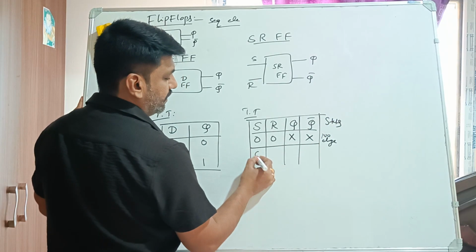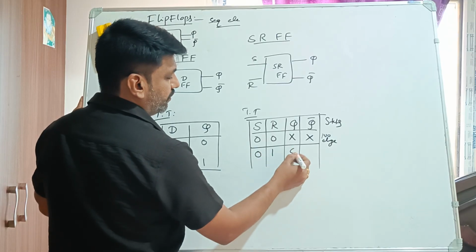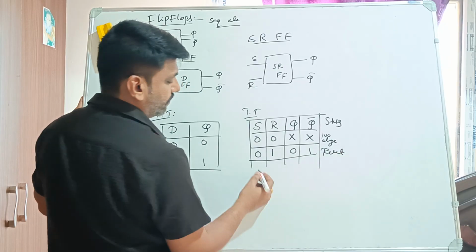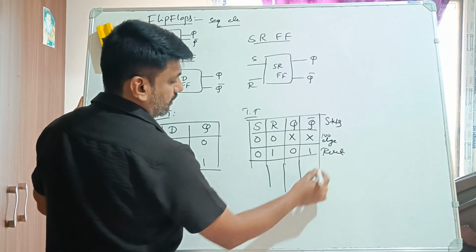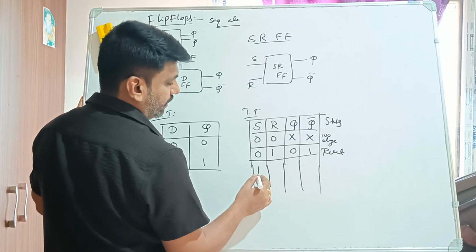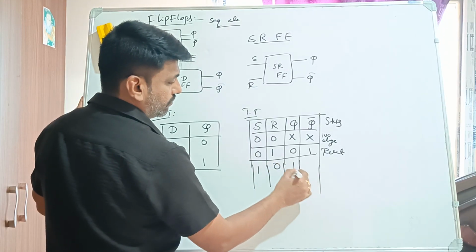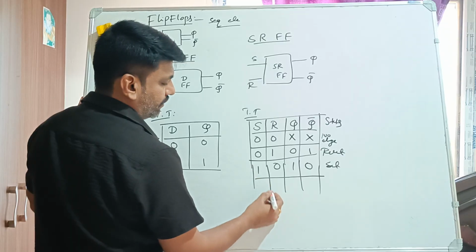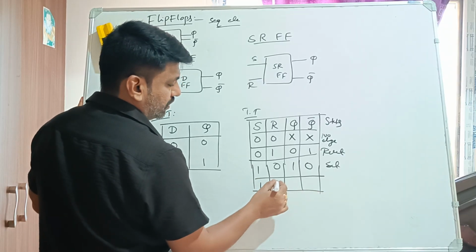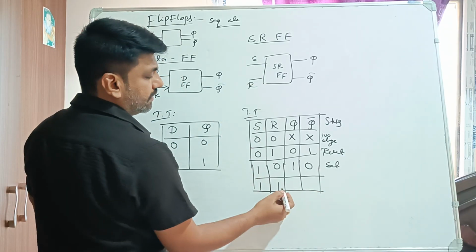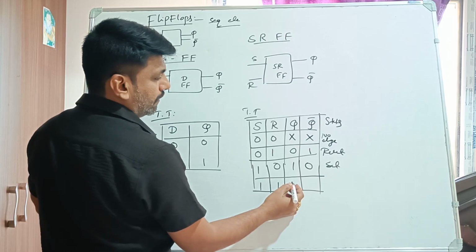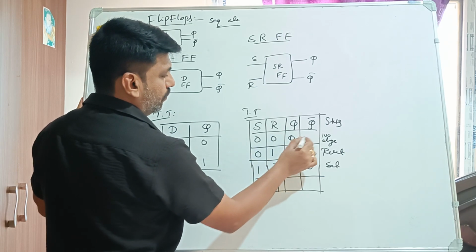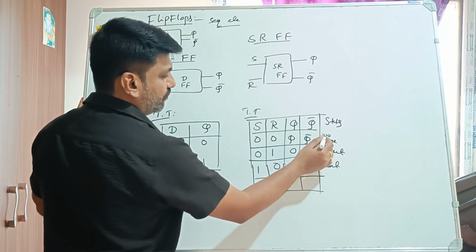Then if set is 0 and R is 1, Q is 0 and Q bar is 1. So we will call this the reset condition. And if S is 1 and R is 0, we will call it 1 0. So it is the set condition. Then the last one is when both inputs are 1 1. At that time, I will just change this to Q and Q bar as no change.